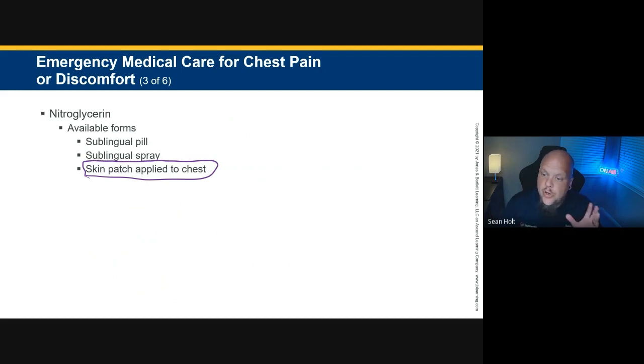Usually, you are not going to have the standard of care to give a nitro paste patch to somebody. Okay. That's usually an advanced skill. Okay. Even though it's super easy to do, it's not in our scope of practice generally as an EMT basic. So we're looking at the tablets and the sprays, both 0.4 milligrams.